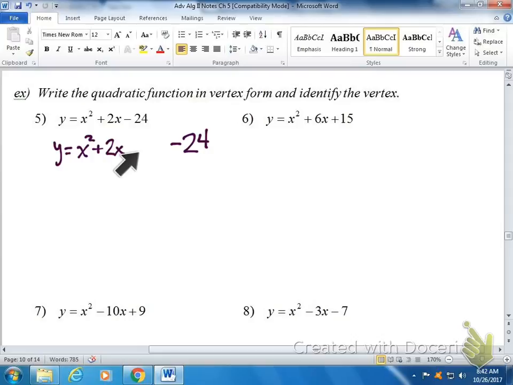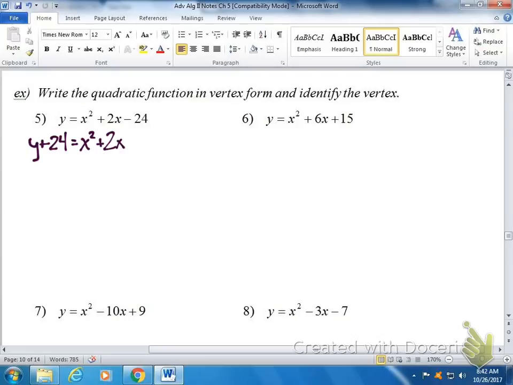Or wait a second, hold on, let me back up. That's not actually what I want you to do. Hold on. I want you to move the constant term to the other side to be with the y. So we're going to have y plus 24 equals x squared plus 2x. That way we can clearly see we're going to find what completes that square.